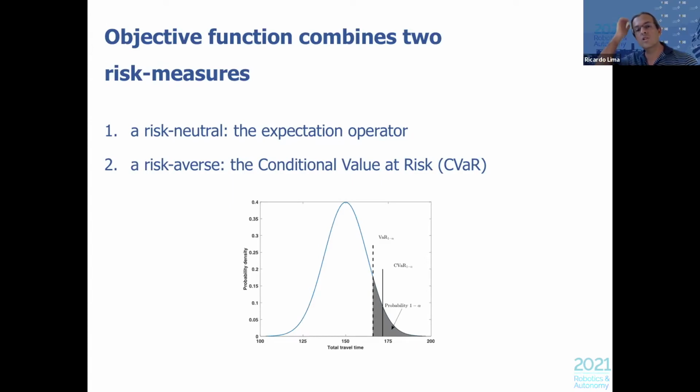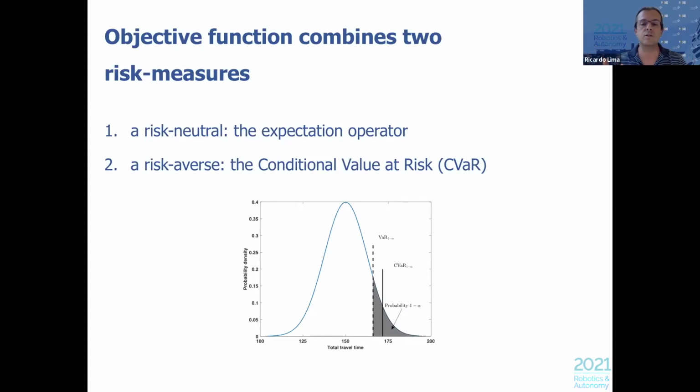So what is the conditional value at risk? It is a risk measure that was developed in the financial world to try to solve a problem that exists with the value at risk. The value at risk is non-convex, and the conditional value at risk, in fact, is a convex function with coherent properties that are very amenable for optimization.